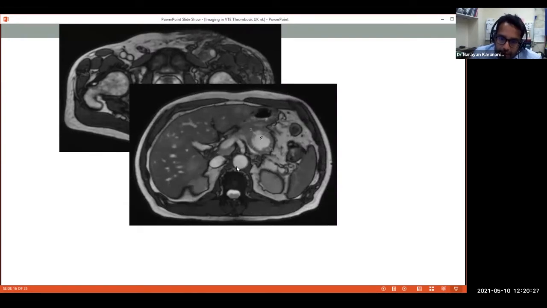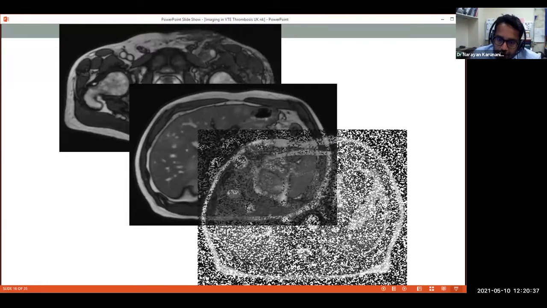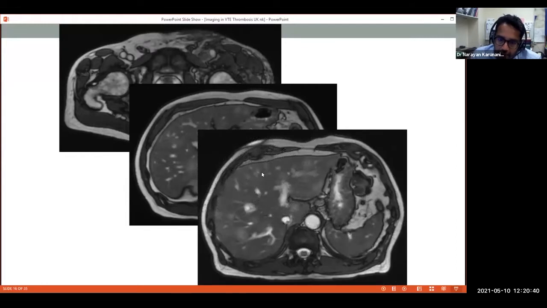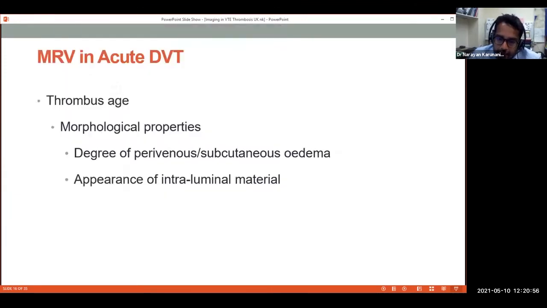But unfortunately here, we discovered when we looked at this patient that they had a mass lesion within the body of the pancreas, and on further imaging had multiple lesions within the liver. So this patient who presented with a DVT, it was their way of presenting with metastatic pancreatic carcinoma, and the MR imaging helps sort of unpick that in this case very well.